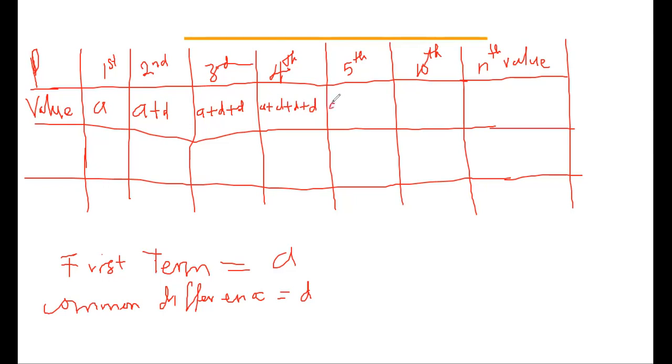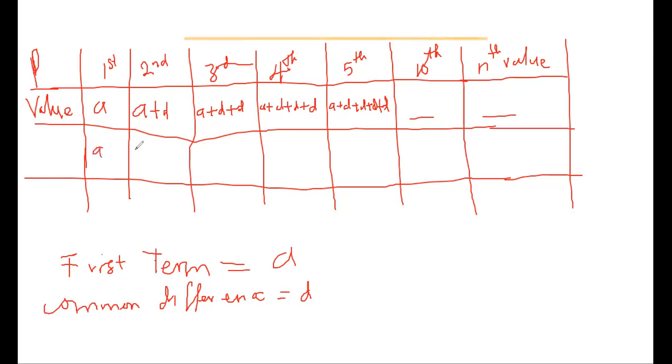Then this will be A plus D plus D plus D, which was here, and then we add another D. Okay. So for now we can first leave out these two, and then we come here.